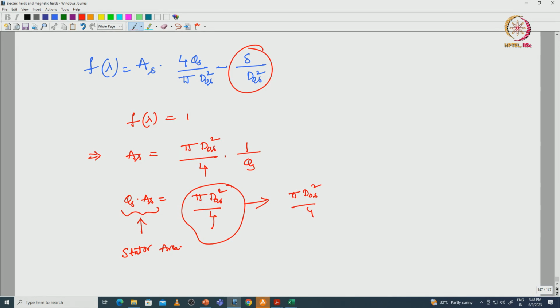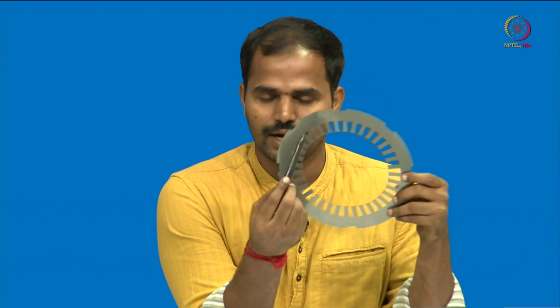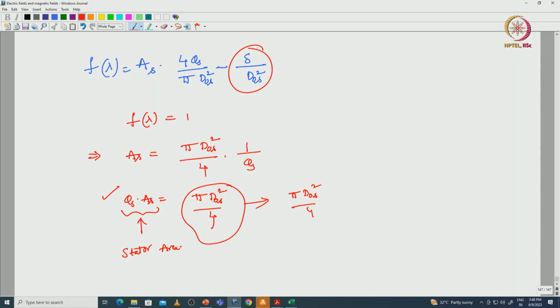If we see the stator lamination, a single lamination, the total area we calculate is pi d naught S square by 4, the circle area. With respect to the slots, each slot has the area of AS and the number of slots is QS, then QS into AS equals pi d naught S square by 4, which eventually represents that there is no space for iron at the stator side.